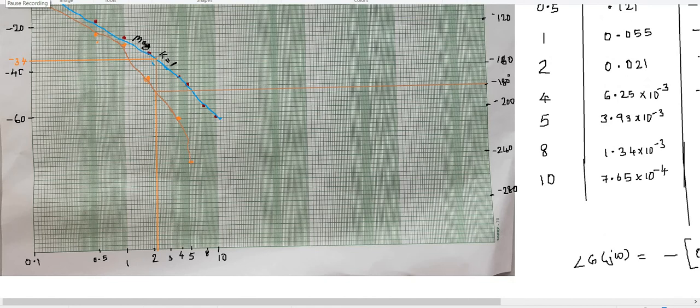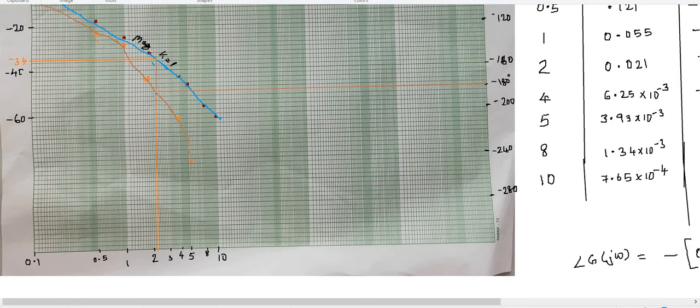In order to find the gain margin, first we have to find omega PC, the phase crossover frequency. The phase crossover frequency is the point where the phase plot crosses minus 180 degree. To find it, draw a straight line from minus 180 degree to the phase angle plot. This line meets the phase angle plot here, and at this point we have to find the frequency.